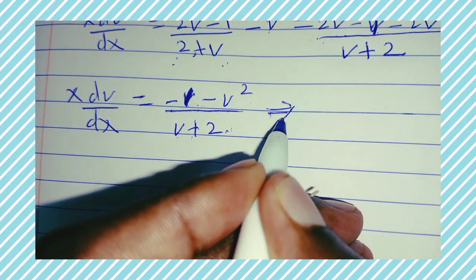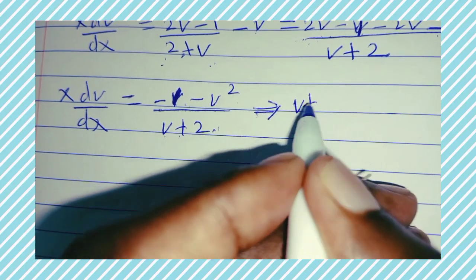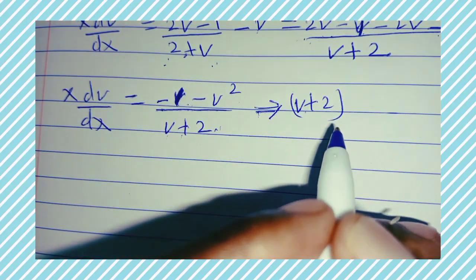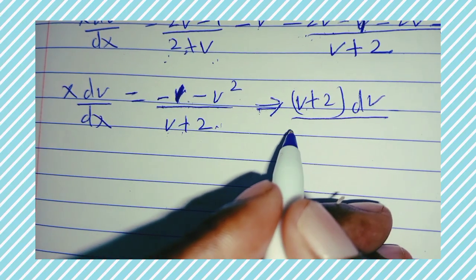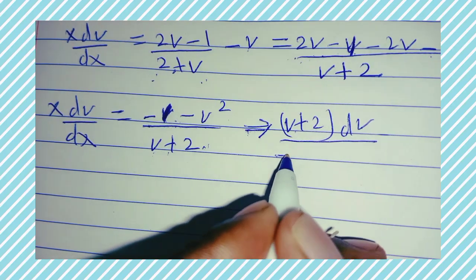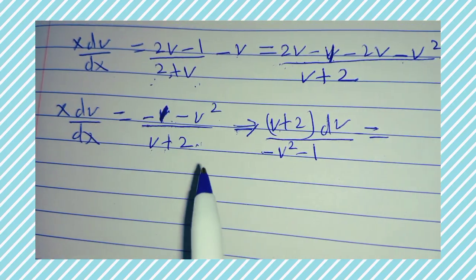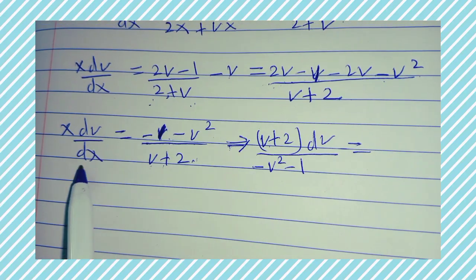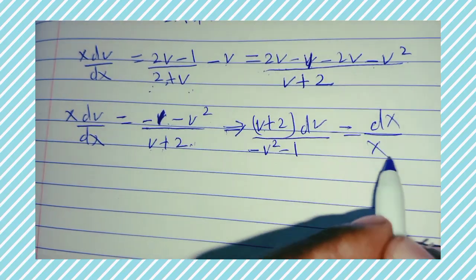Separating the variables, we are going to have (v + 2) dv divided by (−v² − 1) is equal to dx divided by x.